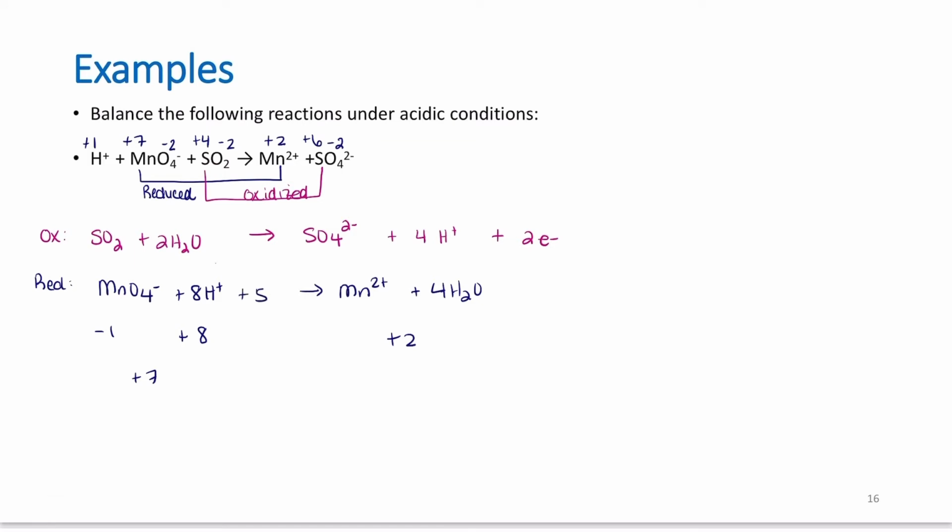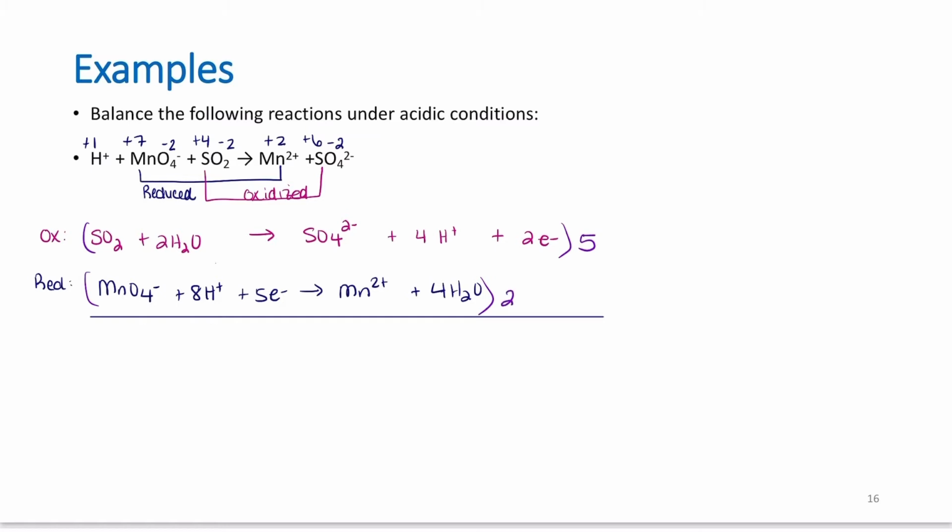I need to add 5 electrons to balance out my charge. I need to add these together, but first I need to equalize my electrons. Transferring 2, transferring 5. So I'm going to multiply this reaction by 5 and this reaction by 2.